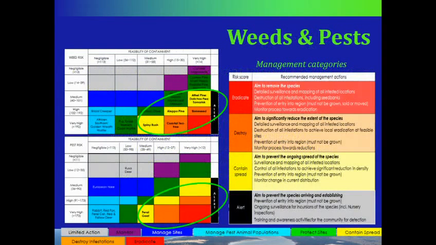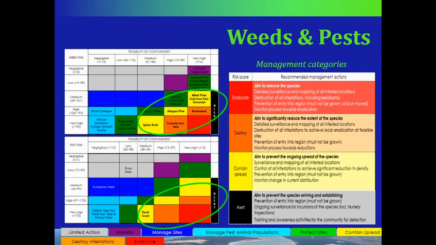Briefly, don't worry about too much of the detail here, but this is essentially the risk matrix for weeds and pests. You've got the risk down here and then the feasibility of containment across the top, from no chance to high chance. Then we decided to split with these higher management categories: ones that should be eradicated, destroyed, and ones where you can contain the spread of the species.